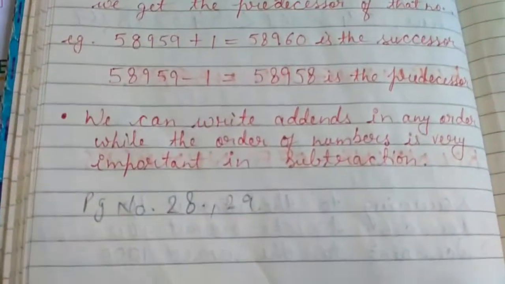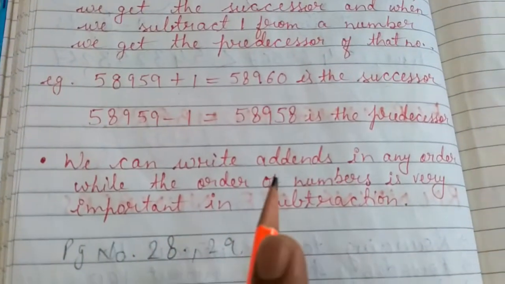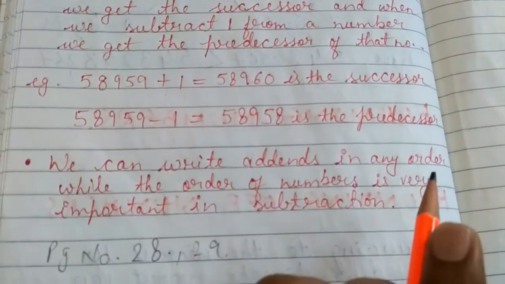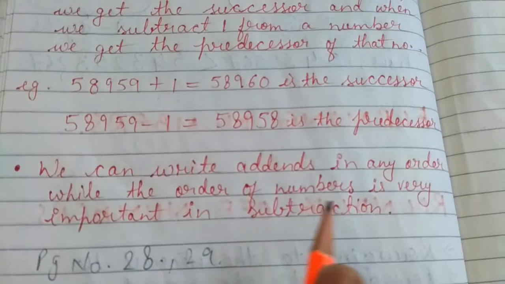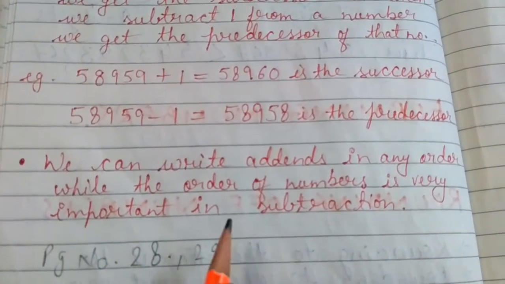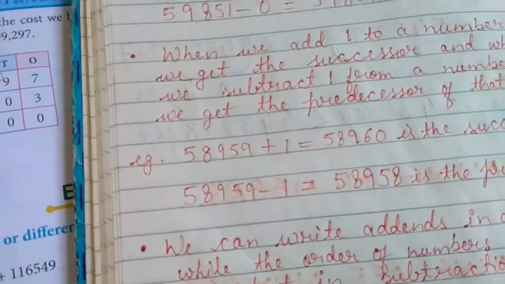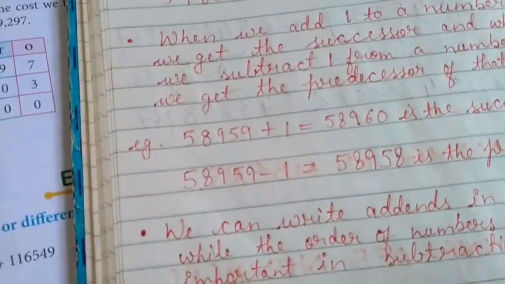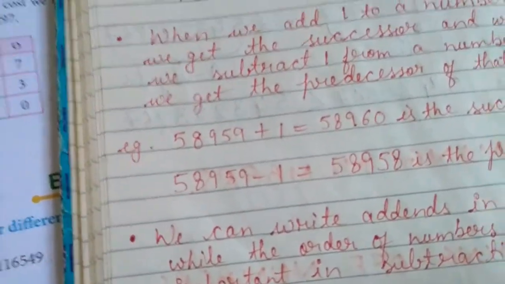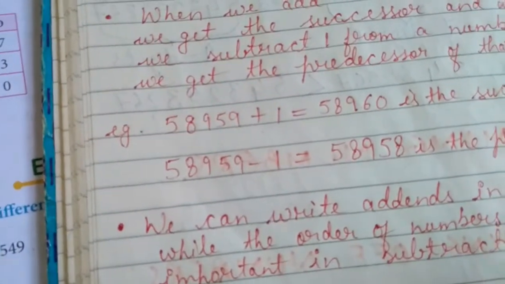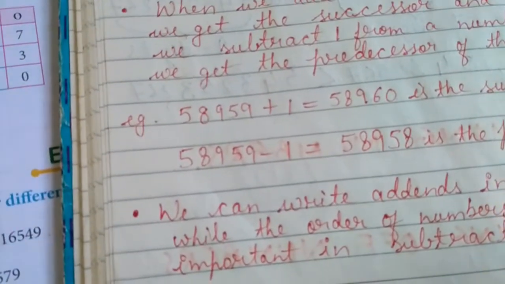Now, the third property. We can write addends in any order, while the order of numbers is very important in subtraction. It means that while adding any 2 or 3 numbers, the addends can be written in any sequence.